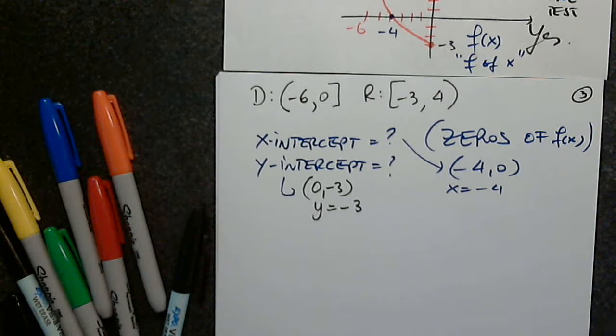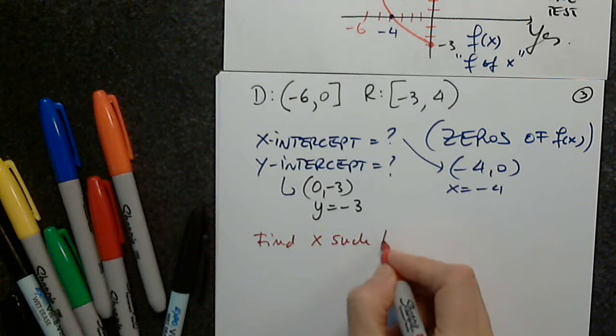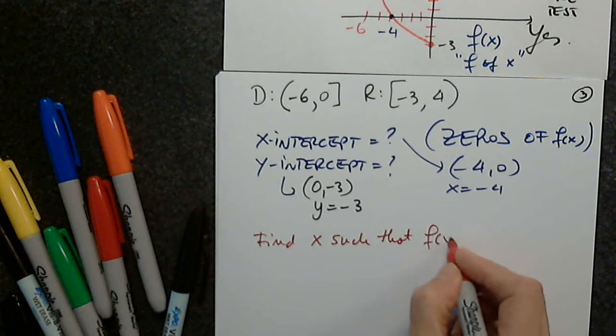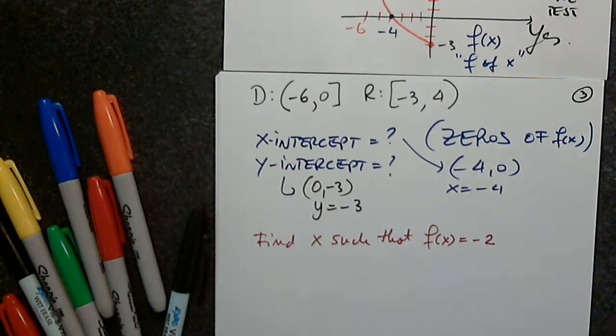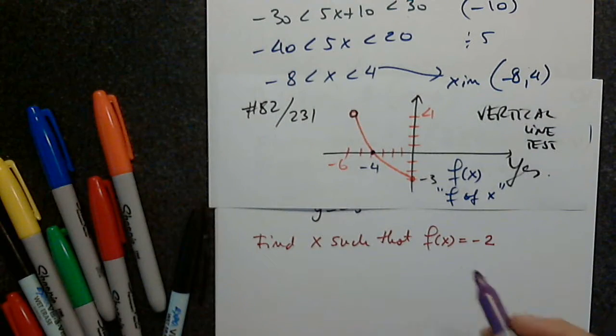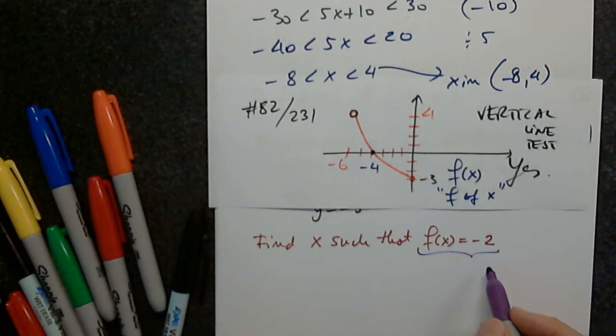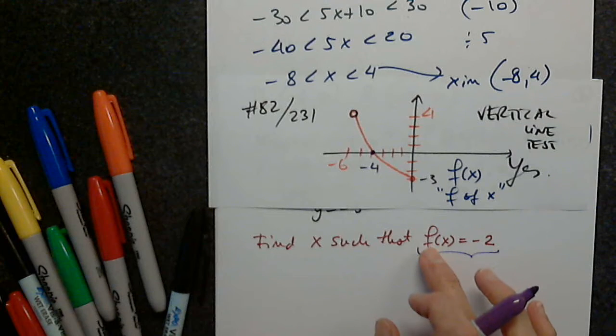So now here's my next question. Find x such that f of x equals -2. What does this mean? What is given in my question? Is x the same as f of x?